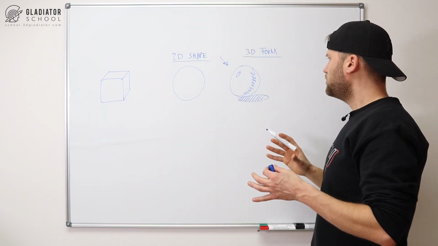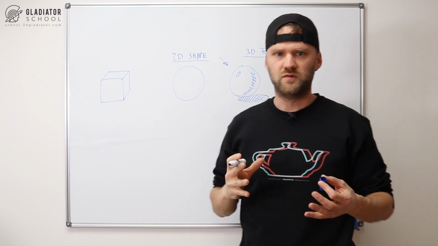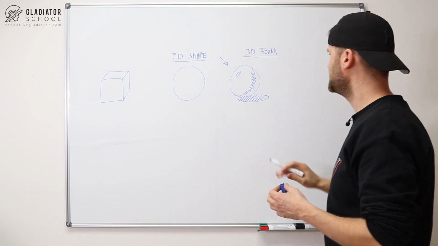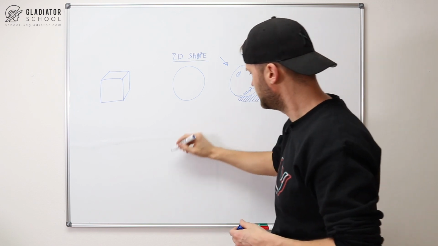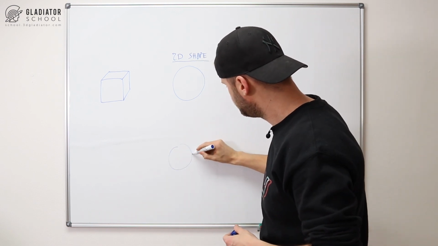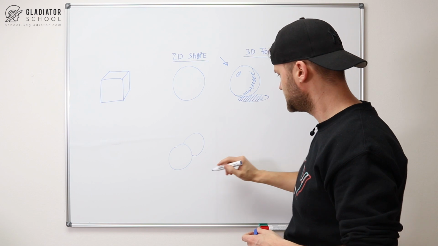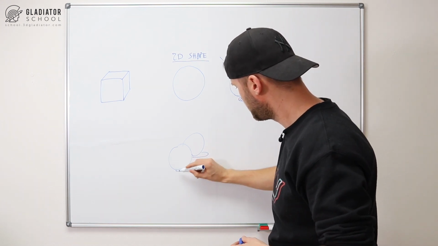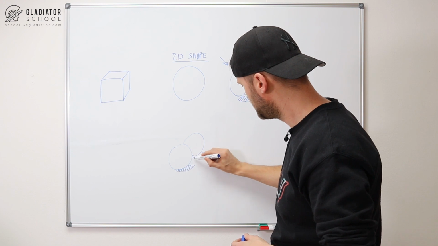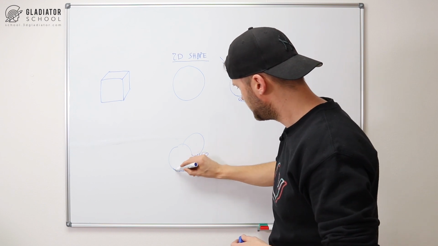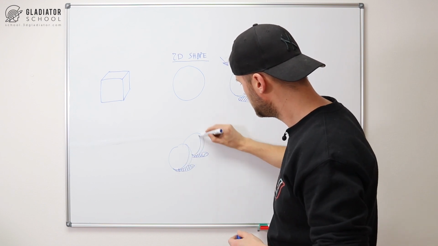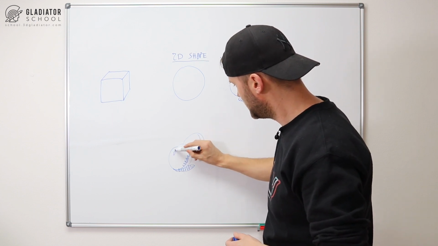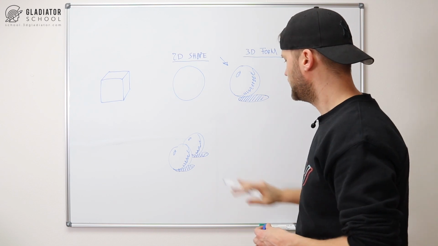When I now combine more forms, I create more complex volumes. So let's say I place one sphere in front of another, right? Then it looks a little bit like this. So I can add the ground shadow again. And here we have our shadow side and the highlight, right?